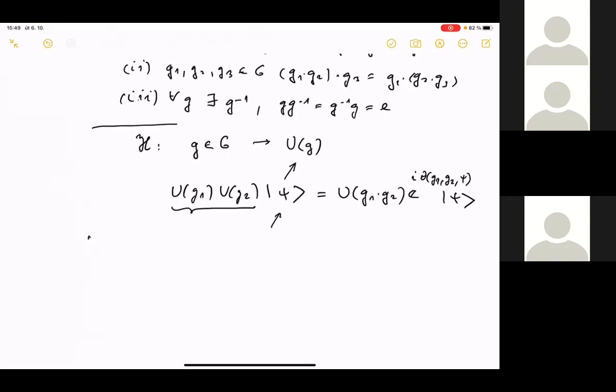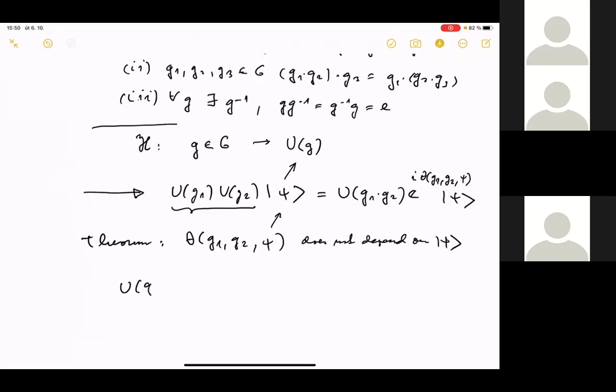There is an interesting theorem which tells us something about this phase. This phase, in fact, doesn't depend on psi. Why is it so? Let us try to apply this equation to a sum of two vectors, say psi1 and psi2.